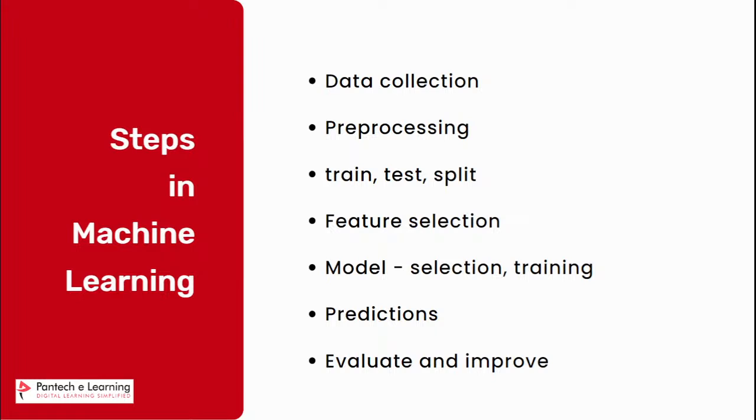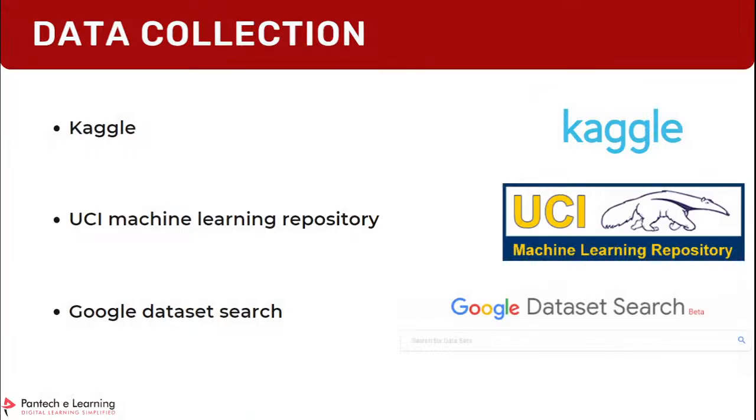You need to analyze it and then do some pre-processing. Once it is done, we go into train test split, where we split our data into a training part and a testing part, and we do some feature selection, model selection, training, prediction and evaluation, and so on.